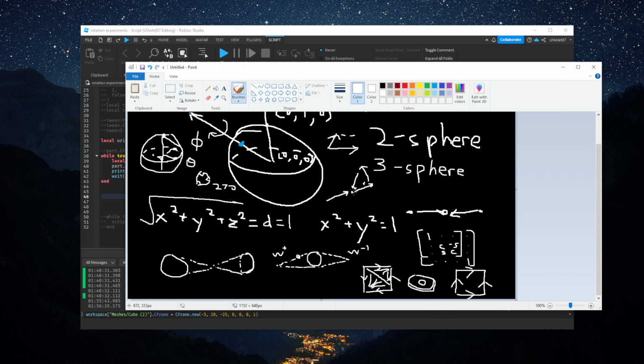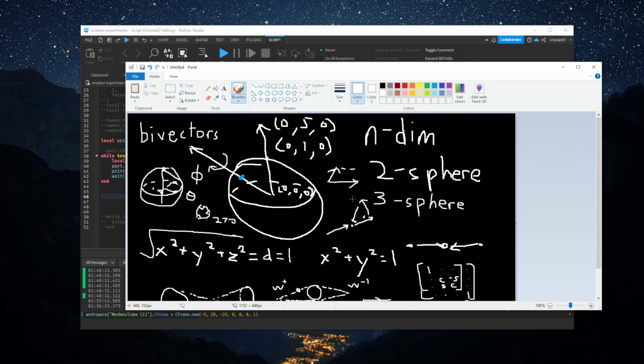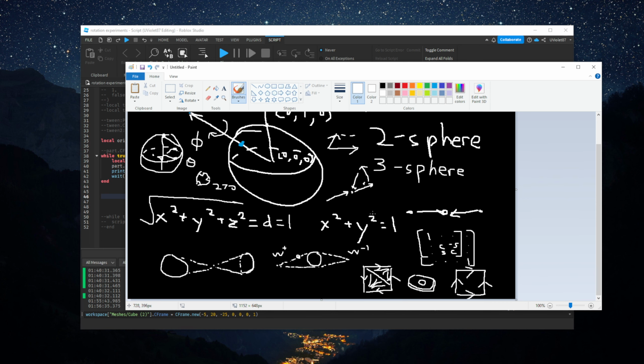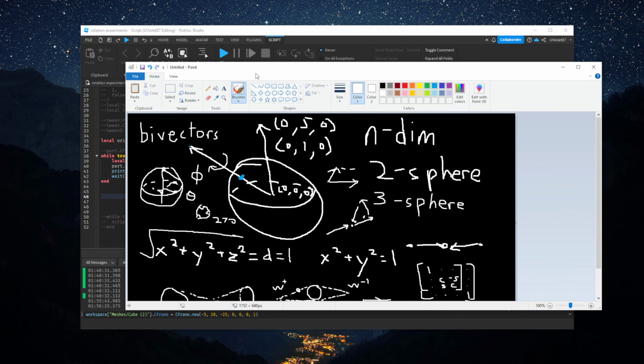So imagine you're moving around on the surface of this 3-sphere, and try to imagine that you're carrying a vector that points towards the center. How would that vector move as you move around the surface of the 3-sphere? It's very confusing, but I invite you to try to think about that.